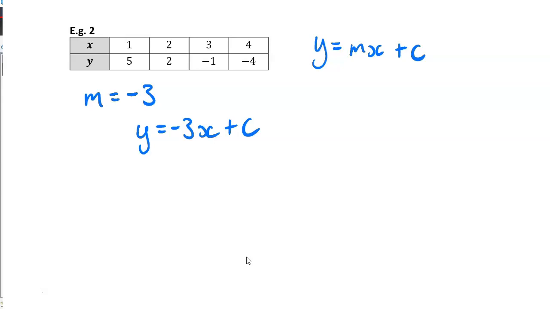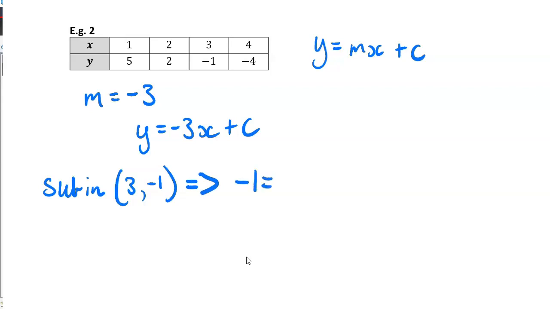So, substituting one of these points, we can substitute in any point we like. Let's sub in that point. So I'll sub in (3, -1). So that implies that -1 is equal to -3 times the x value, which is 3, plus c.